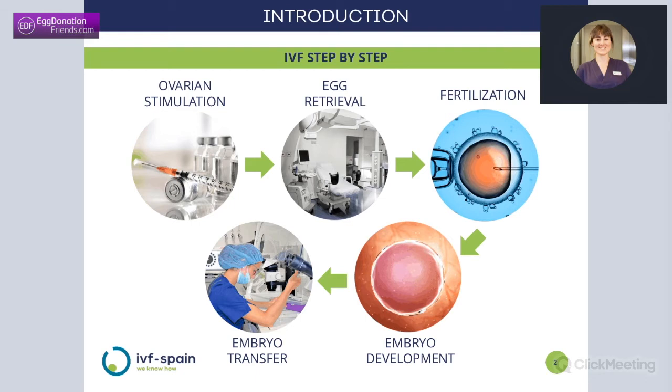And finally, these eggs will be fertilized with the sperm cells. The resulting embryos will be left in observation for up to 5 days. It can also be less, depending on the situation of the patient. And the embryos which have nice quality will be transferred or cryopreserved. So this would be a little summary of the whole process.